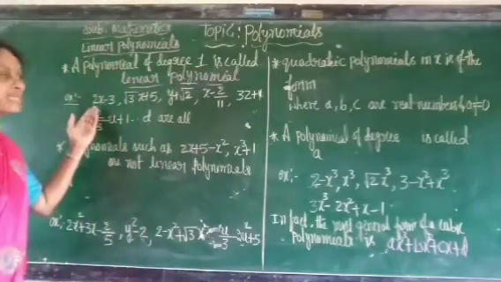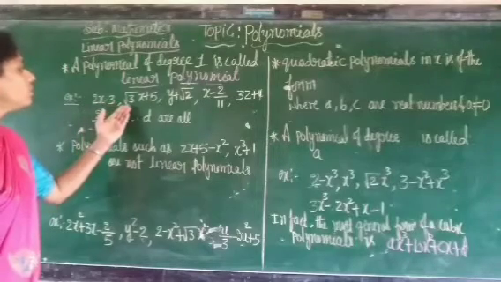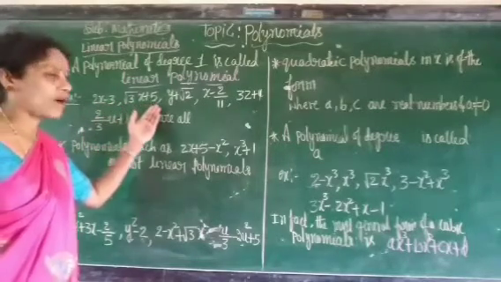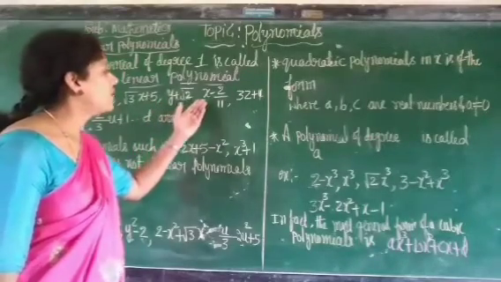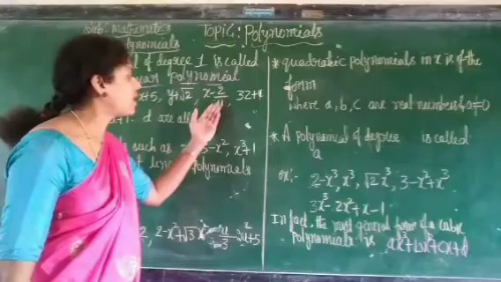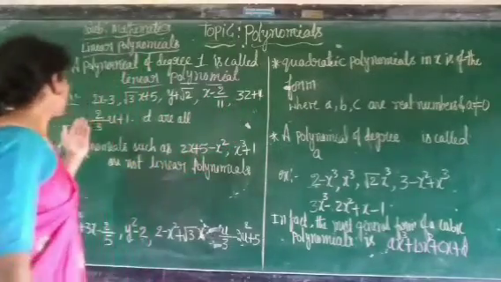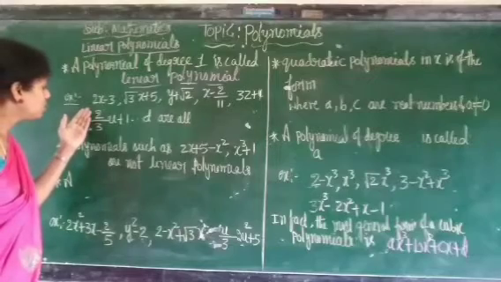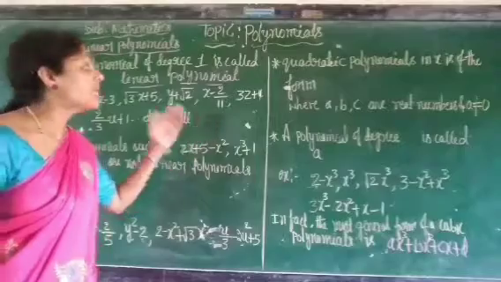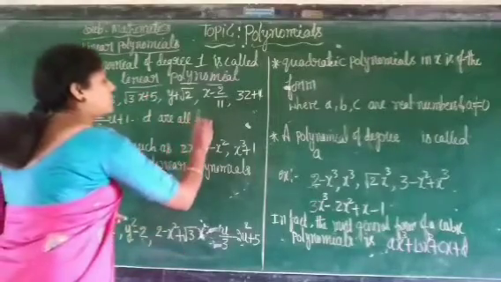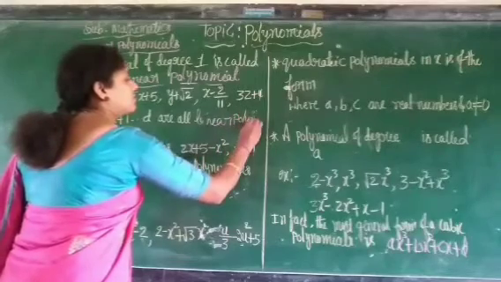Some examples are 2x minus 3, root 3x plus 5, y plus root 2, x minus 2 by 11, 3z plus 4, and the last one 2 by 3 u plus 1, etc. All are linear polynomials.